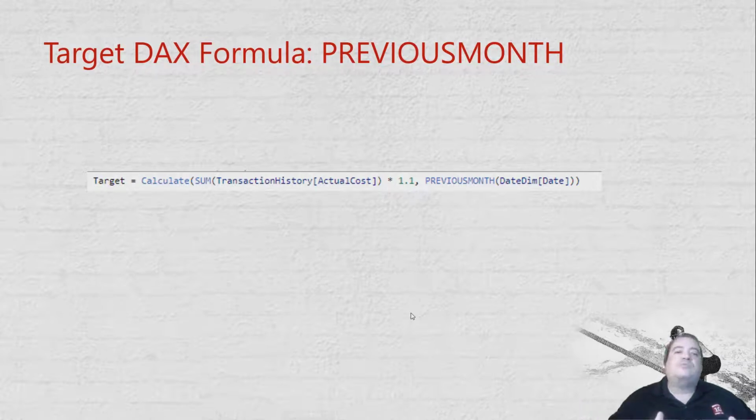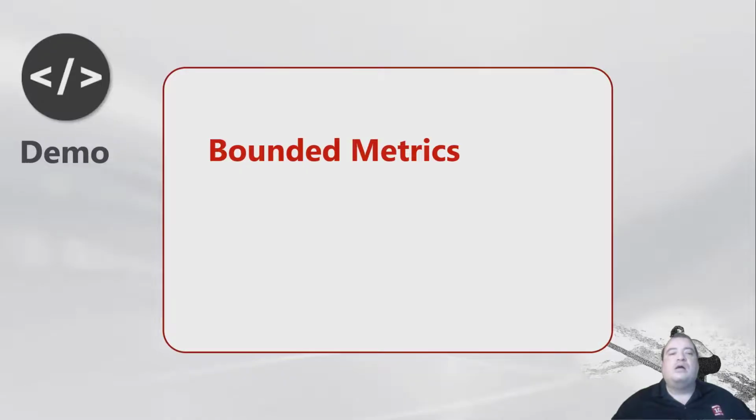So the target will be 110% of the total sales of the previous month. So in this way I built a target for each month. So let's see a demonstration of these details about the configuration of bounded metrics. Let's see how this really works.